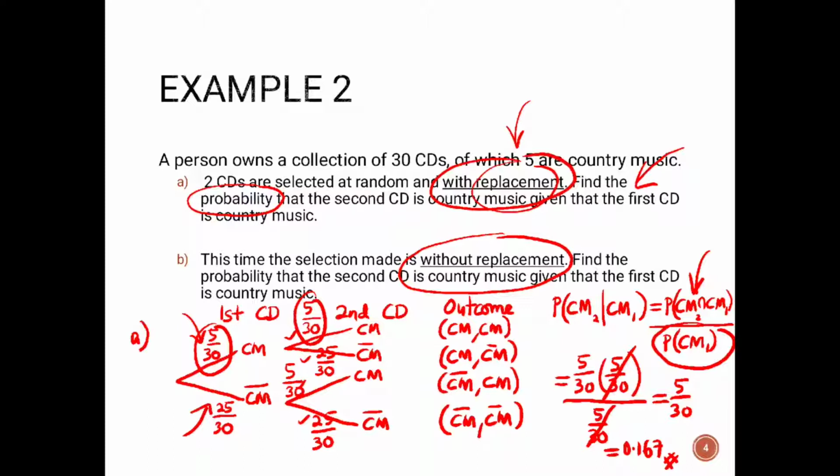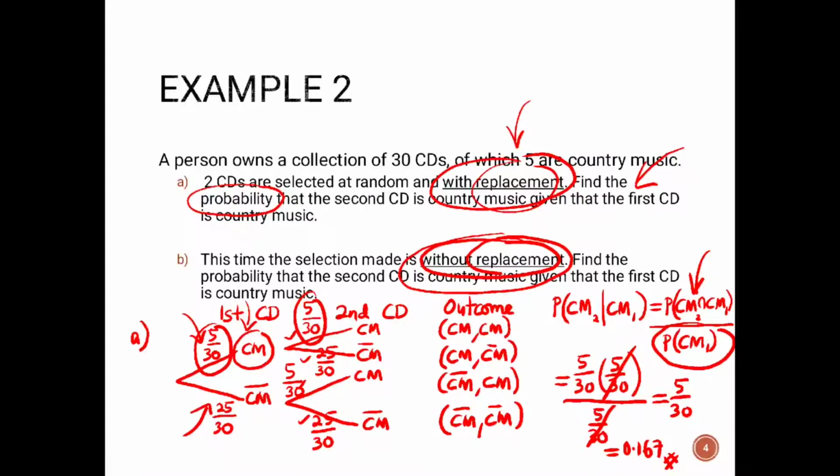Okay, let's see. So now let's look at this one first. Okay, the selection is made without replacement. That means, as you can see, the first CD is country music.